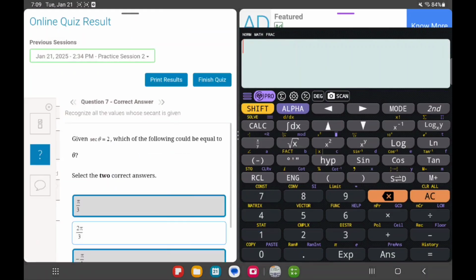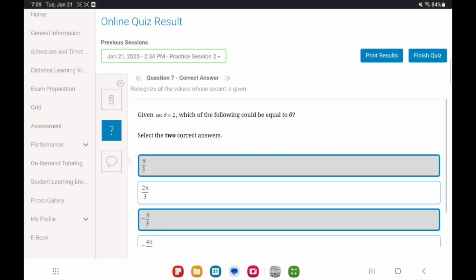Secant, which is 1 over cosine. Here we can use it, because we're not shifting the cosine. So 1 over cosine minus 60 is also going to be 2. So there you found your 2 answers, and they only asked for 2. If you want to do the rest, do them, but it's a waste of time, to be honest.